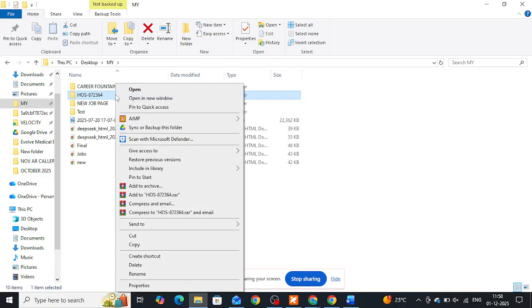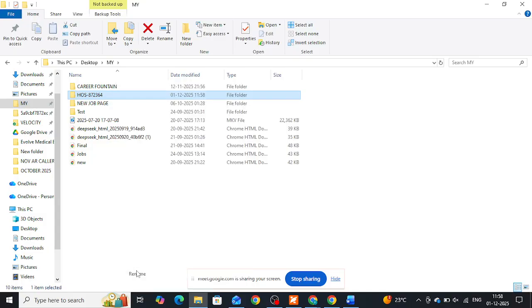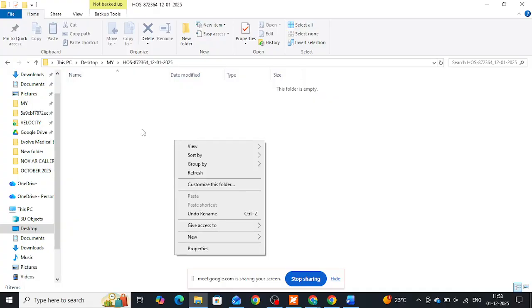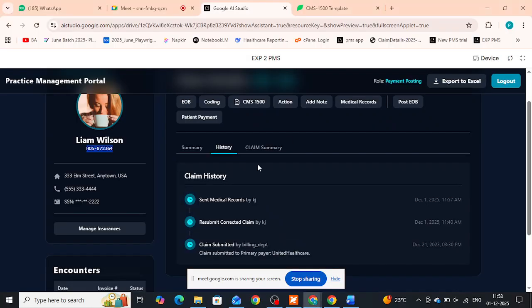Then we write the date of service for which we are sending the medical record, like today's date, December 1st. Whatever the date of service is, you have to write. Then inside this folder, you save that medical record from the system.